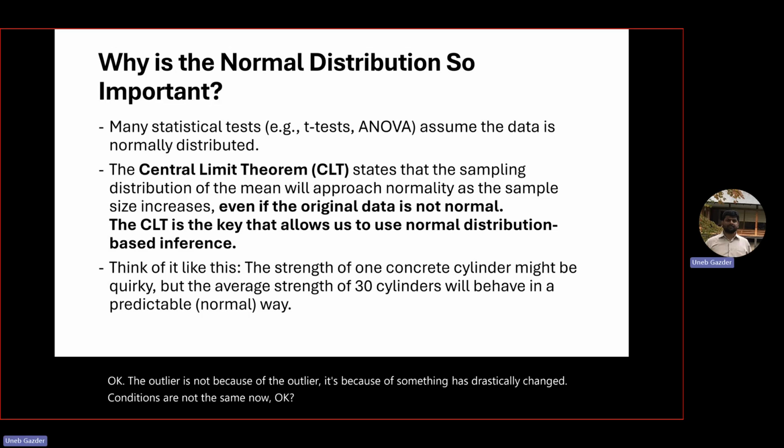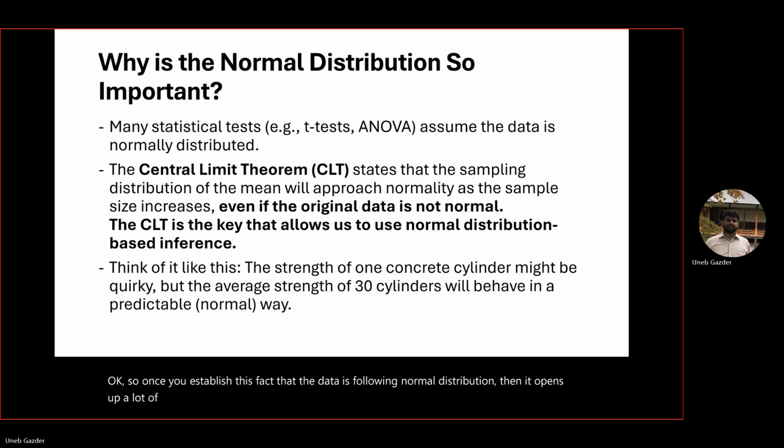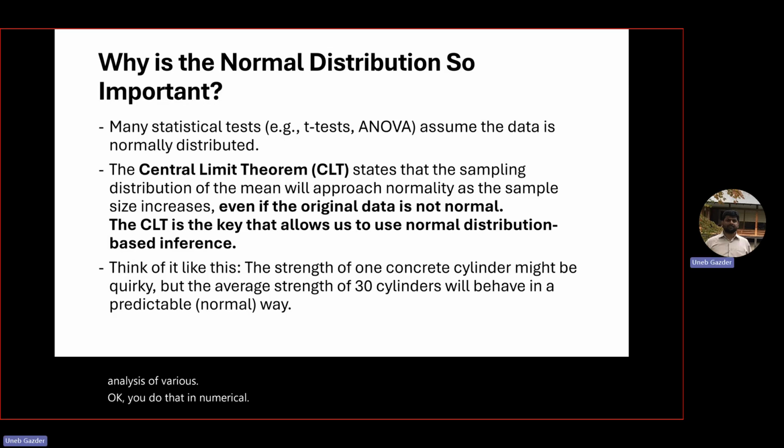Once you establish this fact that the data is following normal distribution, it opens up a lot of analysis for you. For example, you can do the t-tests, and you can do ANOVA, the analysis of variance. Do you do these tests, ANOVA and t-test, in numerical? No. Okay. But ANOVA is very similar to regression.